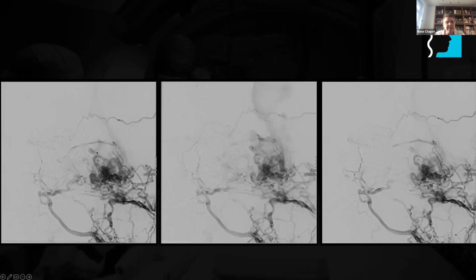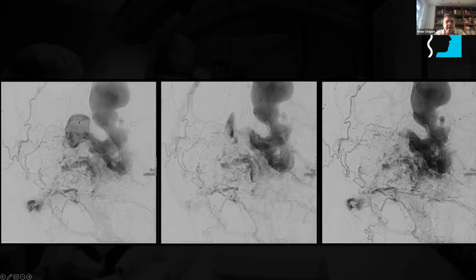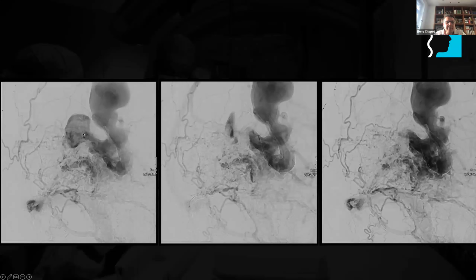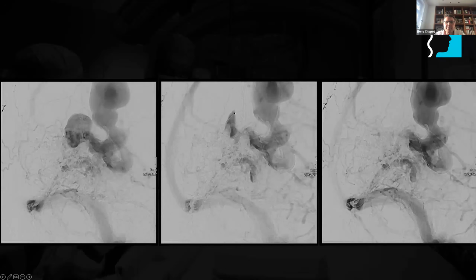On the left is immediately after embolization, and while waiting, you will see the outflow with that venous aneurysm going in that direction, then going up the vein and out through the straight sinus. And you see that 10, 15 minutes later, that venous aneurysm is hardly to be seen anymore.